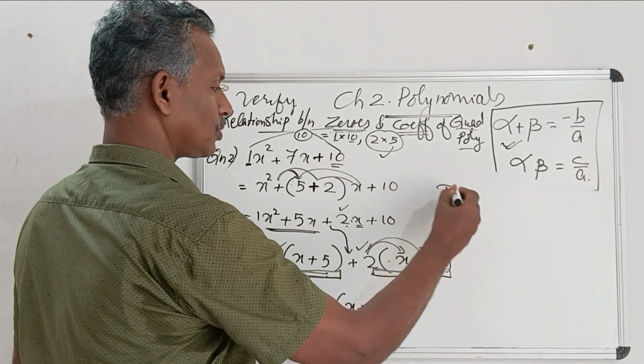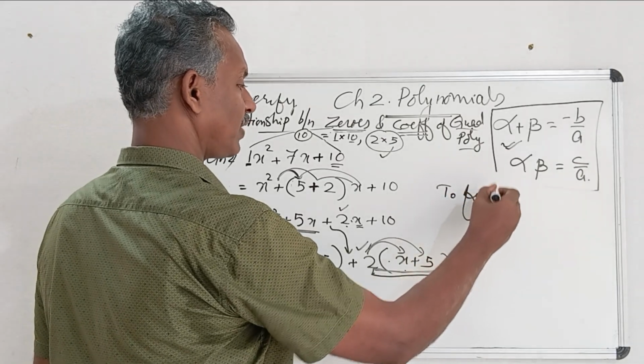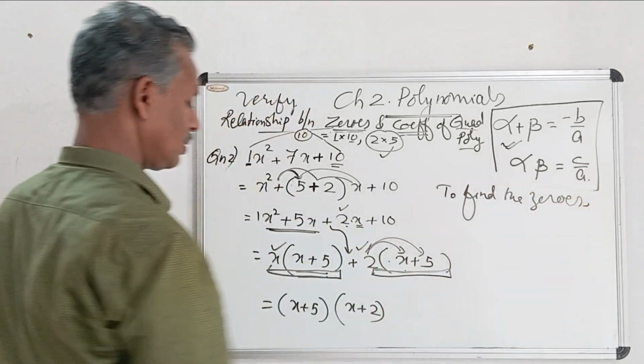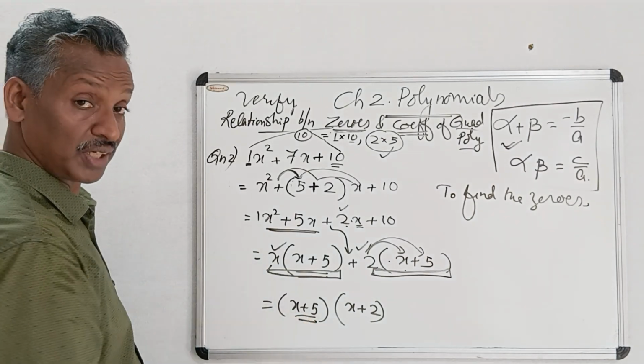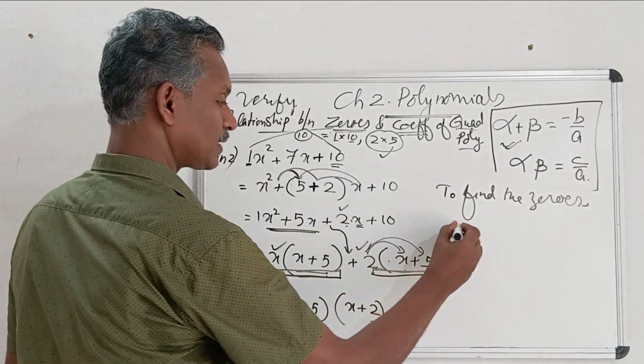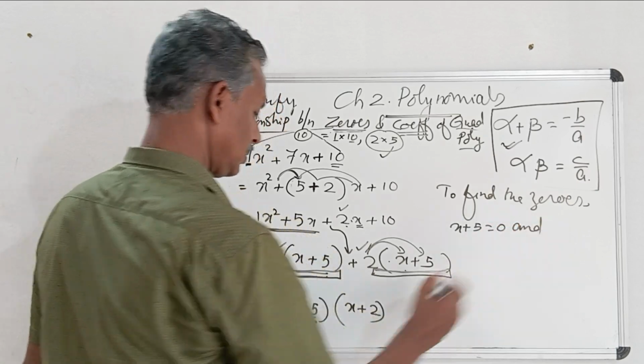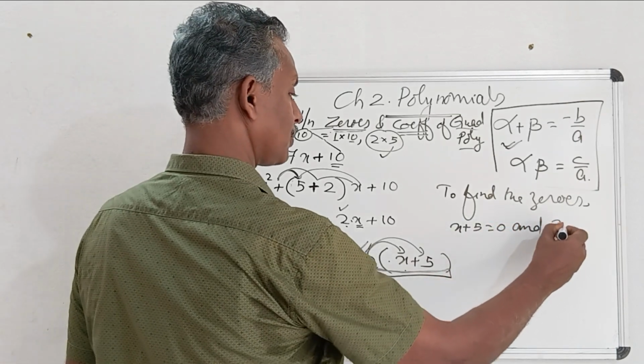To find the zeros, equate each linear factor to 0. X plus 5 is 0 and x plus 2 is 0.